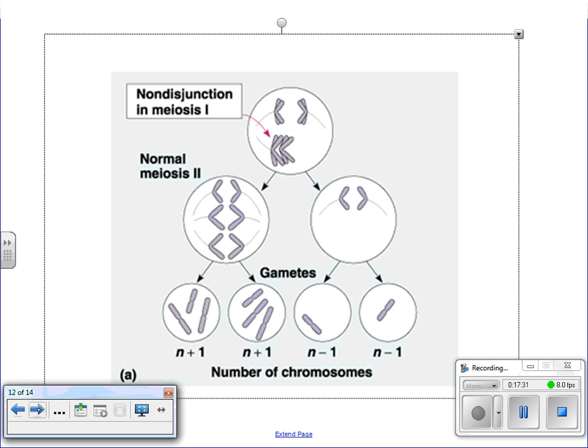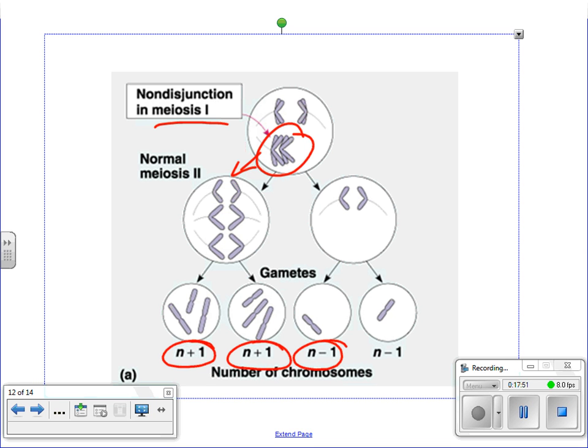If it occurs during meiosis 1, the chromosomes are going to be messed up the whole way through, because these two chromosomes have now traveled into the daughter cell of the next level, and then as they go through meiosis 2, they've gained one extra chromosome, where these have lost one chromosome. So through that entire process, every single daughter cell all the way down is going to be affected by this nondisjunction.